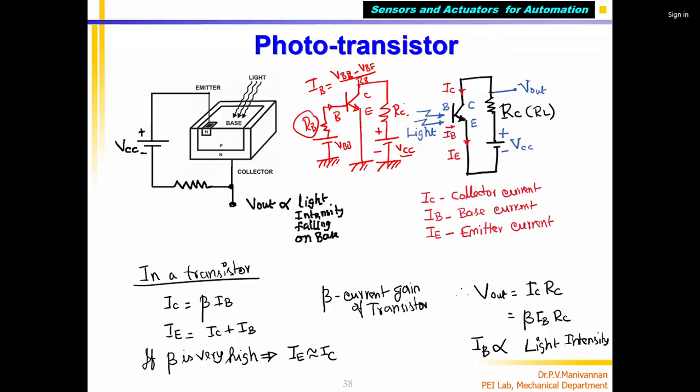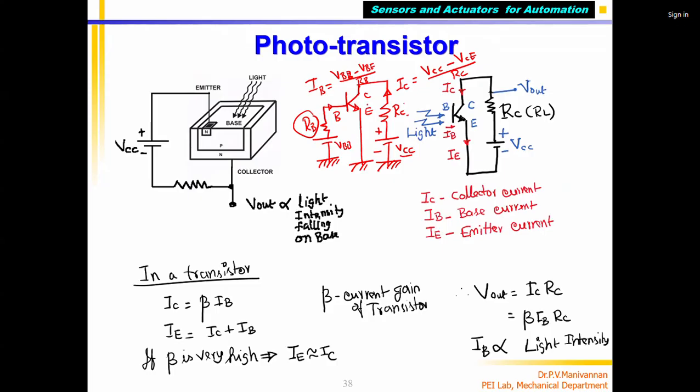RB is resistance. Similarly, the current going to the collector from this power supply is called IC, IC equal to VCC minus VCE divided by RC, no doubt.